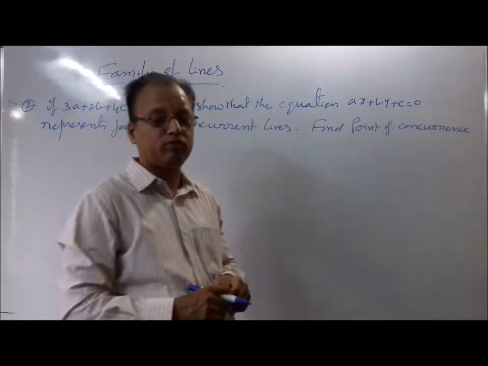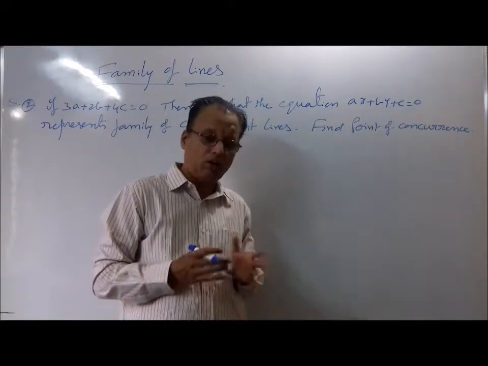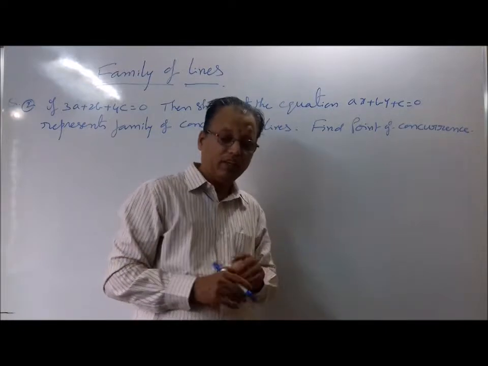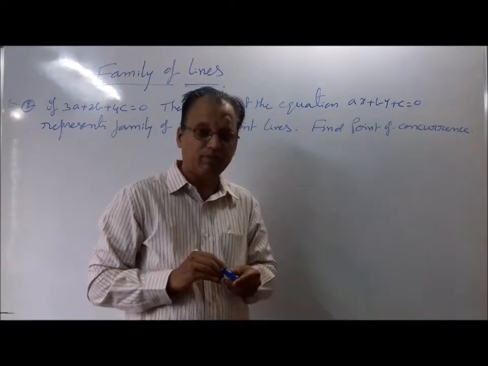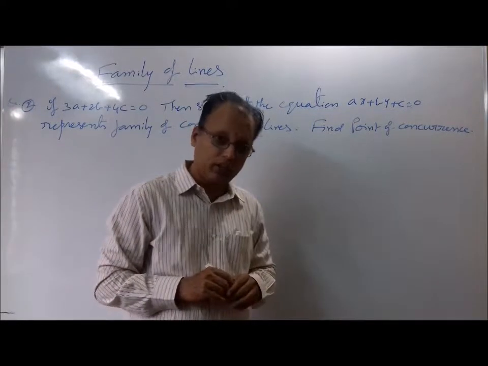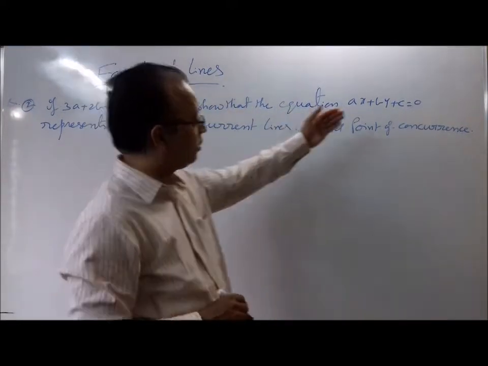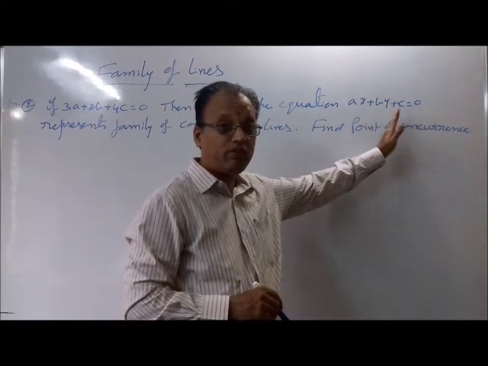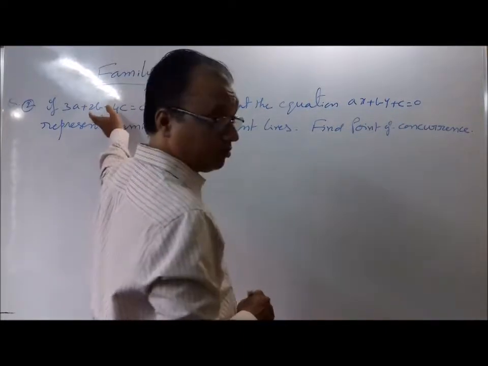What should we do? We have to establish, first of all, that it is representing a family of lines. That is, a family of lines means L1 plus lambda L2 equal to 0. So first of all, we have to adjust this line as a family of lines by using the given condition.